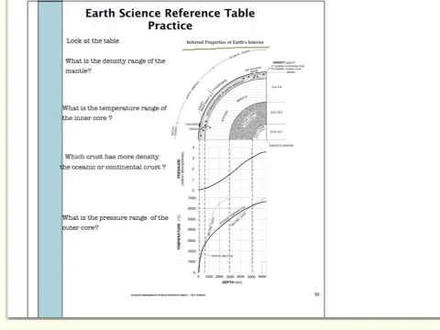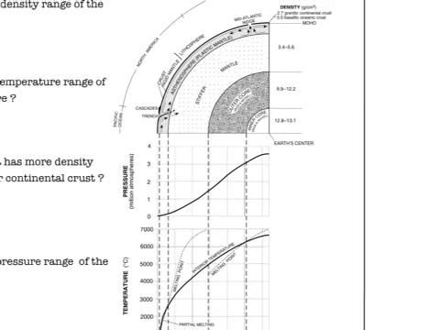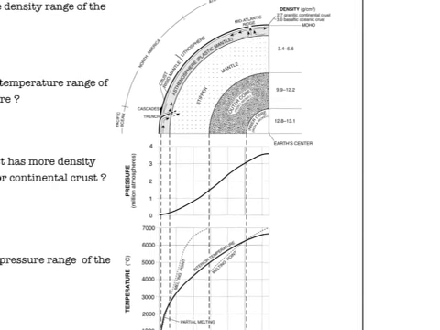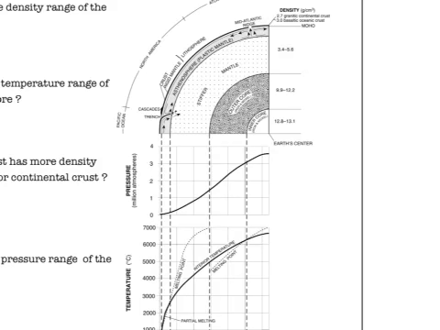The first question is, what is the density range of the mantle? If you're looking for the density range of the mantle, let me just zoom in for you. You're going to look for the word indicated density, and it is right here. So we are focusing on the density range for the mantle. The mantle, including the plastic mantle, is this area right here, highlighted.